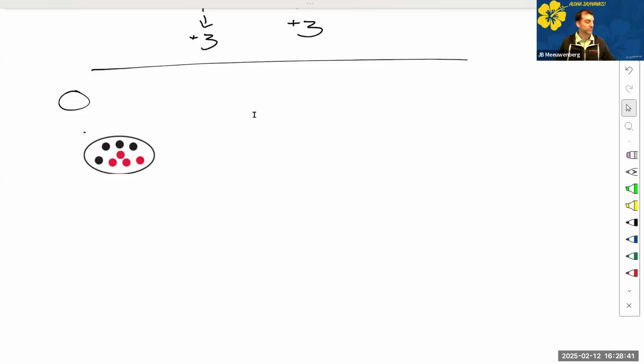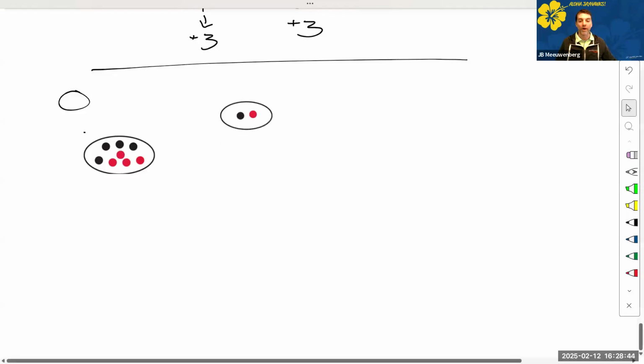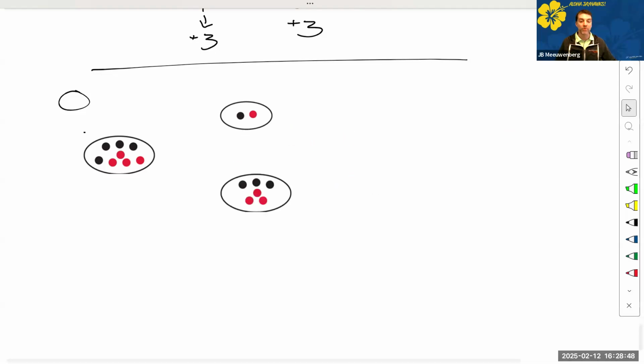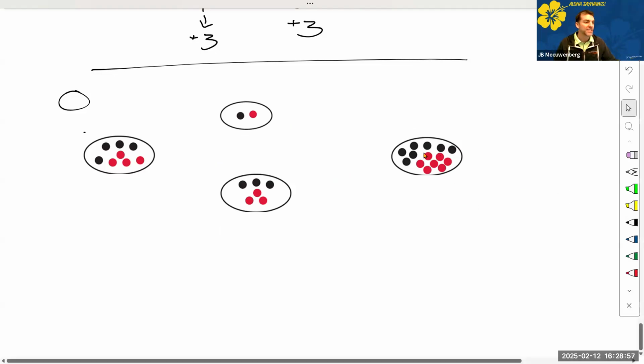We could do it with 1 black and 1 red. We could do it with 3 blacks and 3 reds. We could do it with 7 blacks and 7 reds. It doesn't matter, right? As long as there's an equal number of black and reds, it's going to have a value of 0.